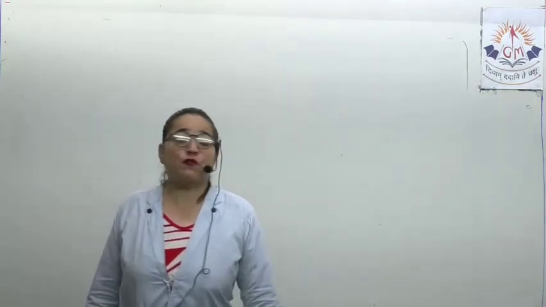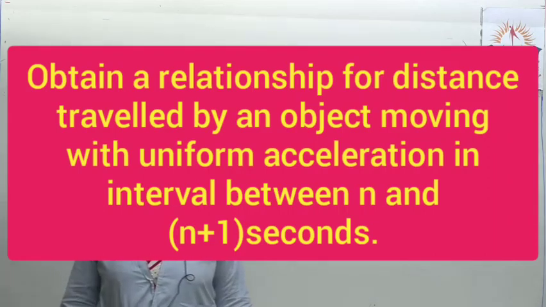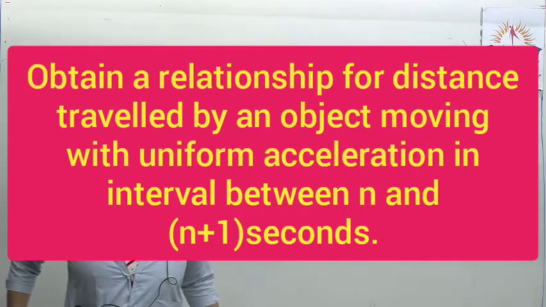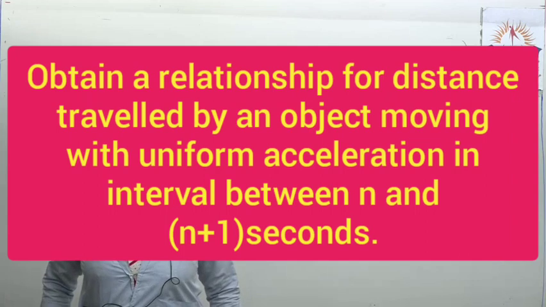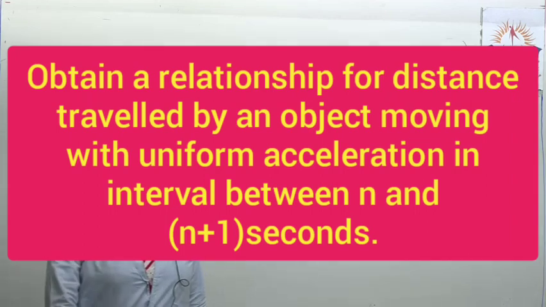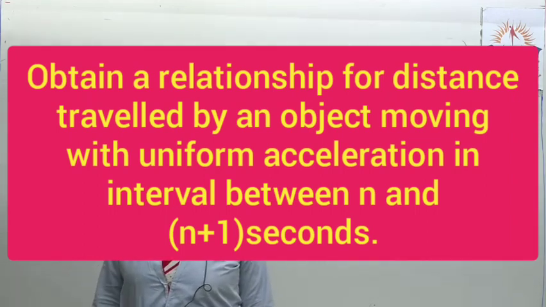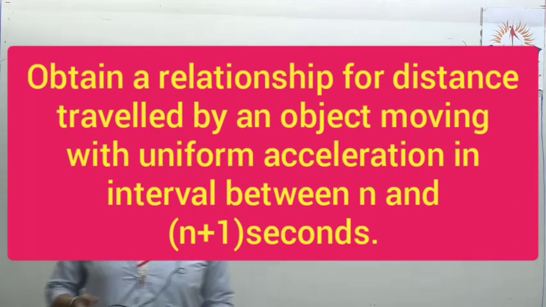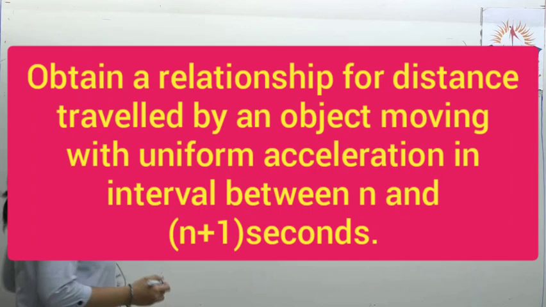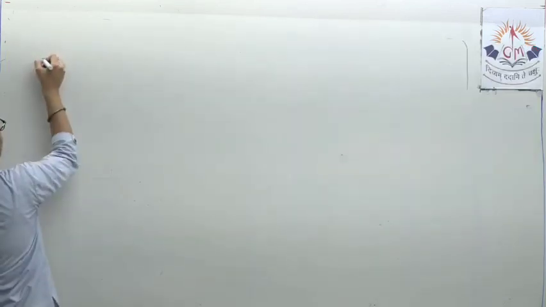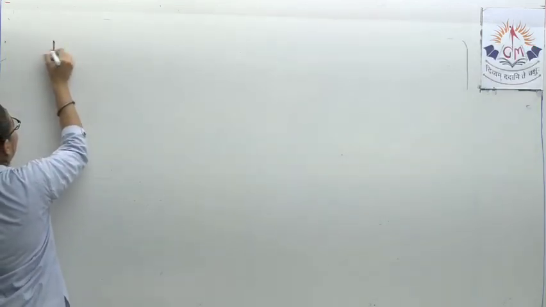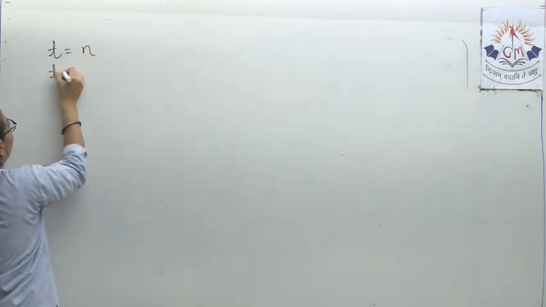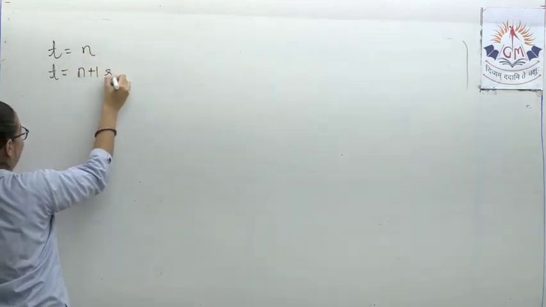The question for just now is this: obtain a relationship for the distance traveled by an object that is moving with uniform acceleration in the time interval between the nth and n plus 1 second. That means you have to find out from t equal to n to t equal to n plus 1 seconds.